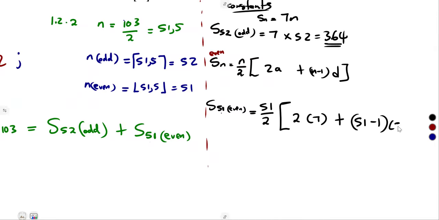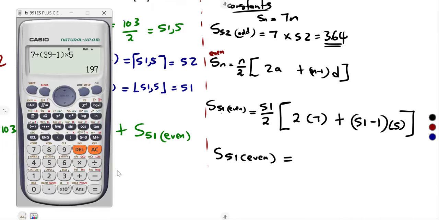So this is the condition. In this case, we obtain the sum for the first 51 even terms. That is 51 over 2 into 2 times 7.